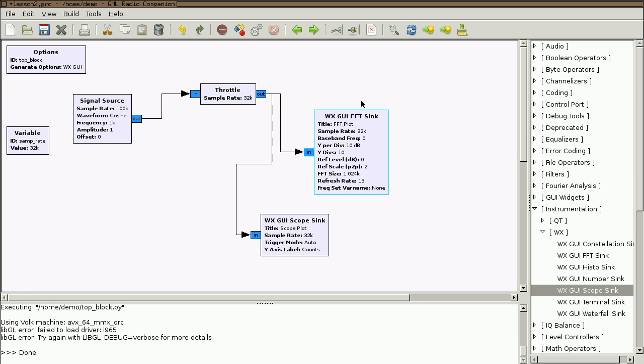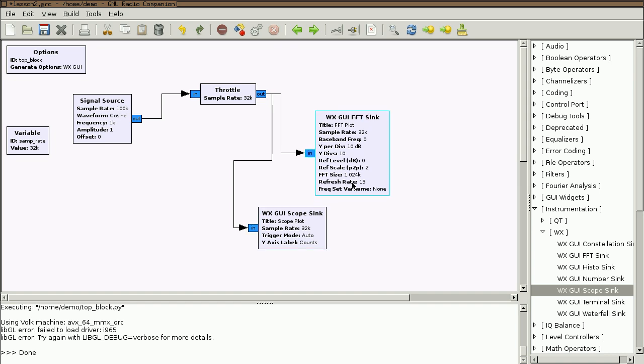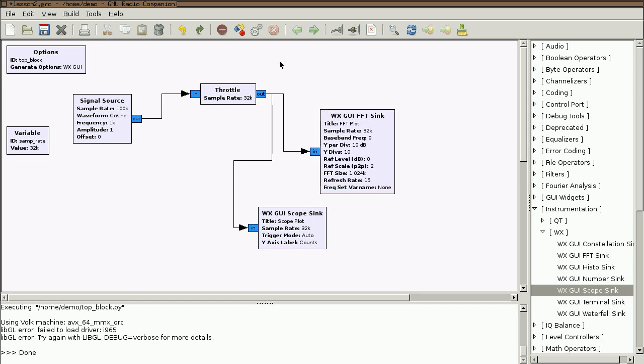The FFT sink is going through some complicated algorithm to determine what frequencies are present, and it goes through a lot more computation than the scope sink. The scope sink simply plots the values that it receives on the time axis, and so it's called a time domain plot, where the FFT is a frequency domain plot. The domain is what we see on the horizontal axis.